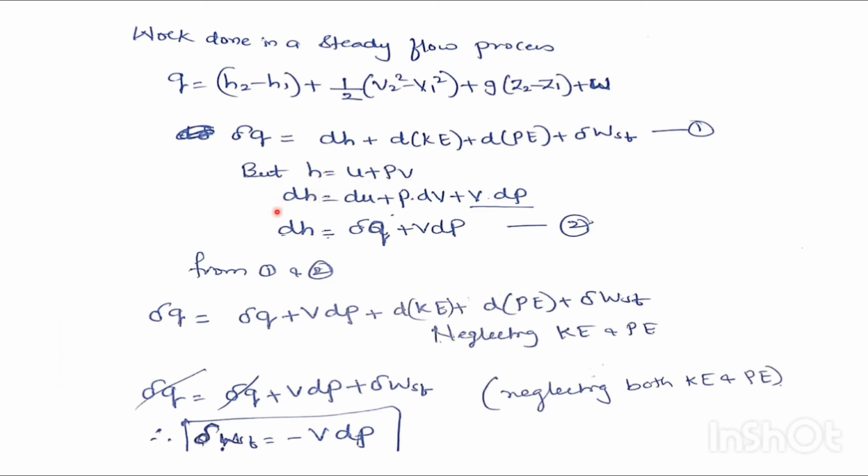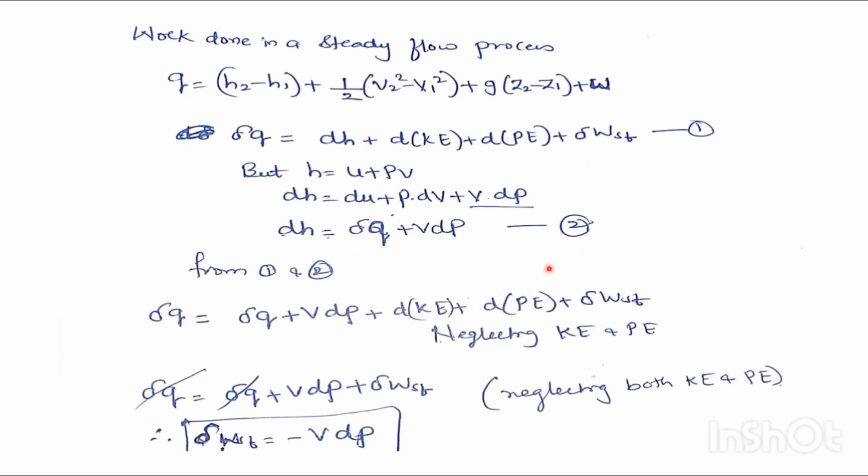Now differentiating this equation, dh is equal to du plus p into dv plus v into dp. Here du plus p into dv is nothing but delta q as per the first law of thermodynamics. So dh is equal to delta q plus v into dp. Let me call this equation 2. Now, from the first and second equations, dh is replaced by delta q plus v into dp in this equation. Rest all other terms I have kept as it is.